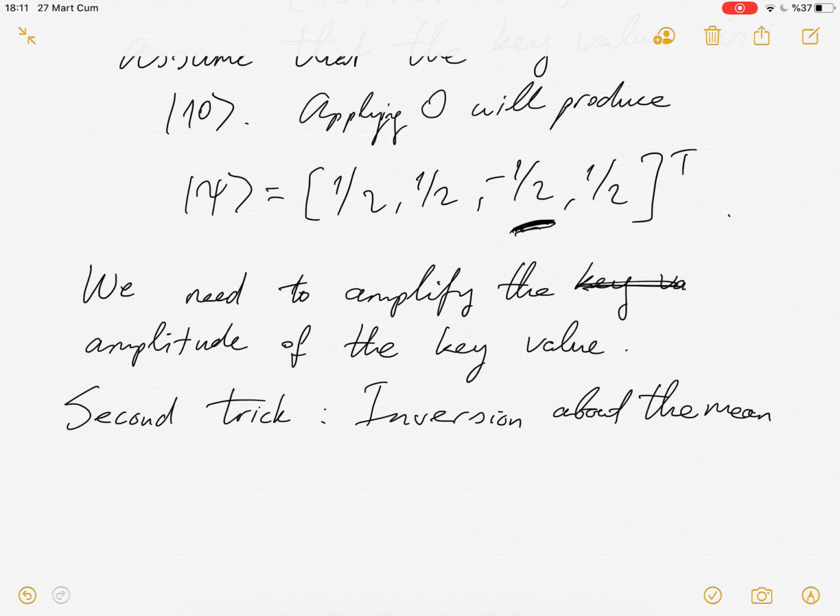What I mean by this is that we invert the amplitude of all states around the average amplitude.